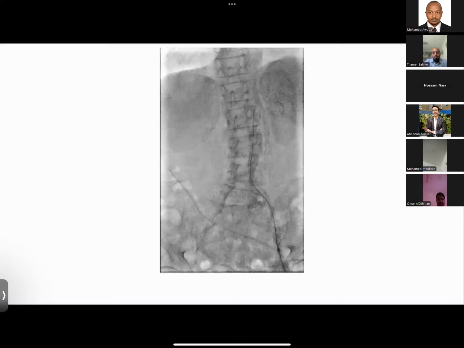So I punctured the patch and went up. Crossing the lesion was not a problem. You can see I've crossed the lesion with the wire, but I could not cross anything else, not even a 3mm balloon. So I exchanged my wire to a low profile 018 wire, and I still could not pass anything through that tight, tortuous, calcified iliac disease.